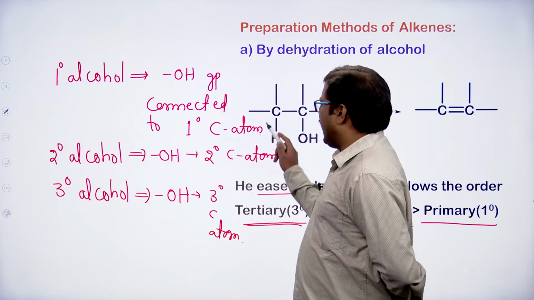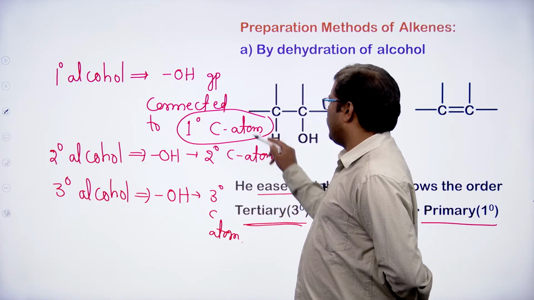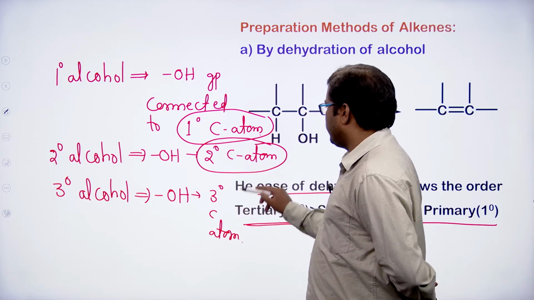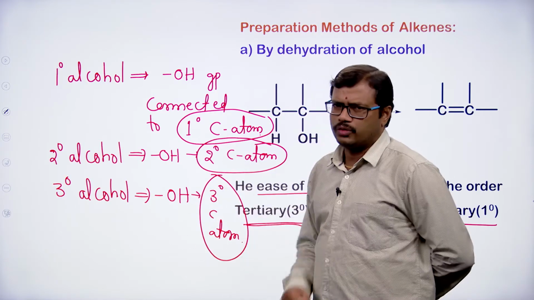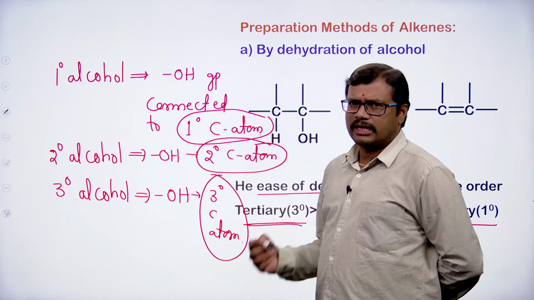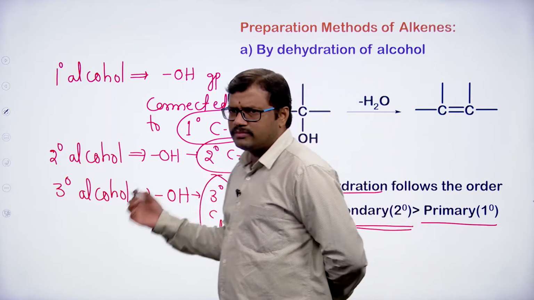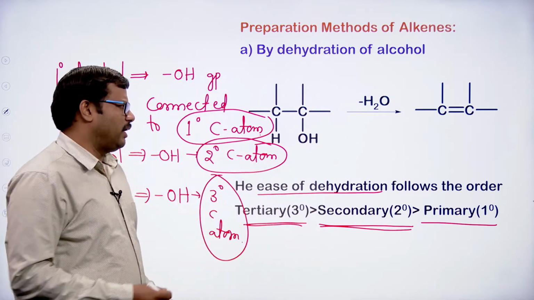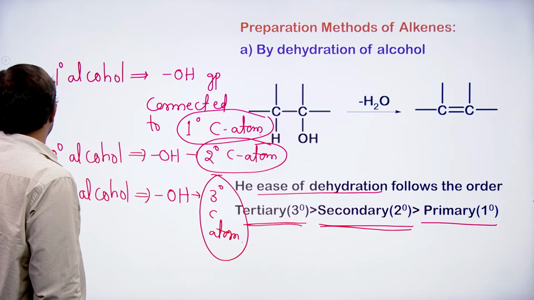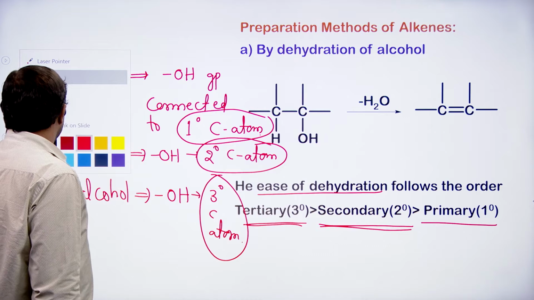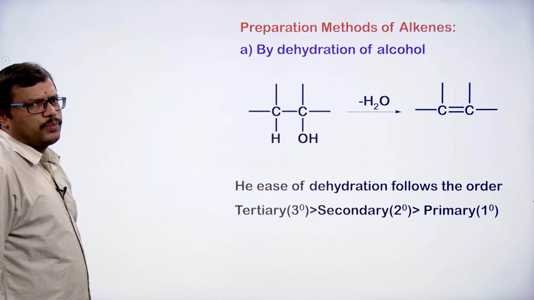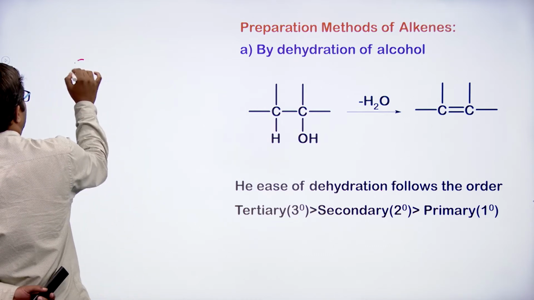So you should have an idea what is a primary carbon atom, what is a secondary carbon atom, what is a tertiary carbon atom. The primary, secondary and tertiary carbon atoms can be defined by the following examples. I will give you examples. Based on the examples, you can easily identify which is a primary alcohol and which is a secondary alcohol.